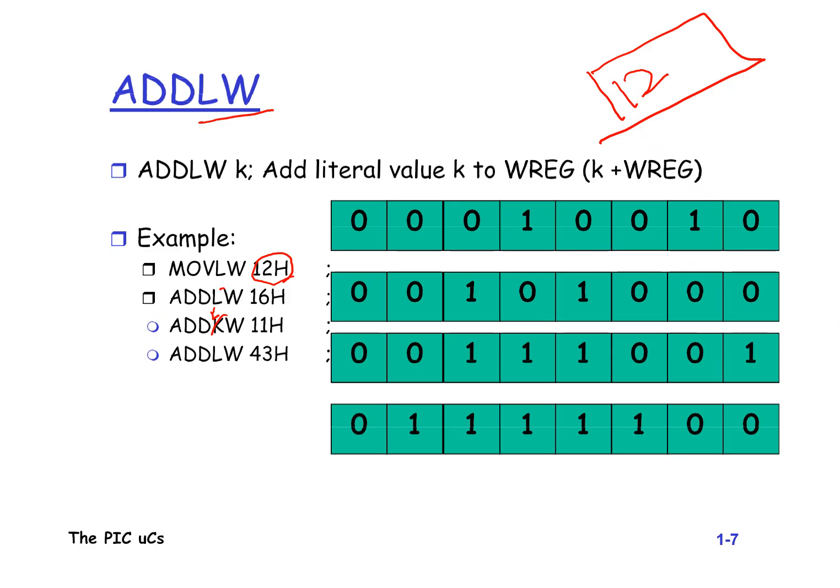So now what is going to happen? Unlike the move command, which replaces the older value, the add command performs the following action: W goes to W plus K, where K is the literal value provided and W is the existing value of the working register. And sorry, this is the direction of the arrow.